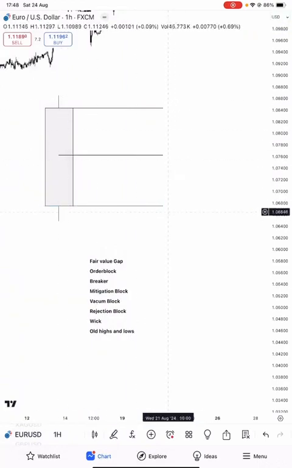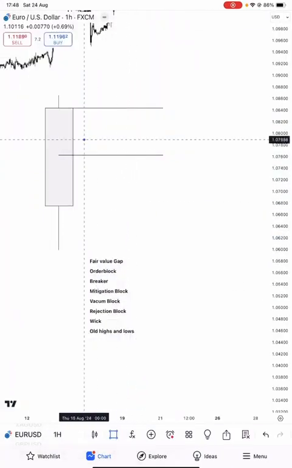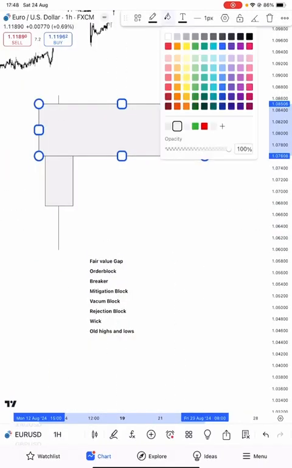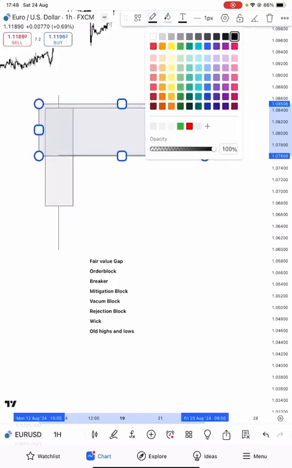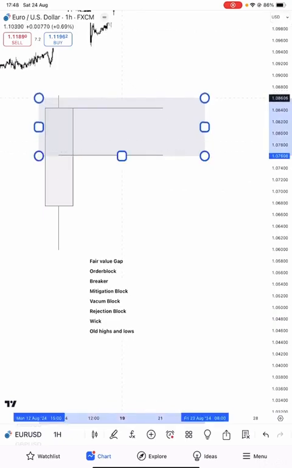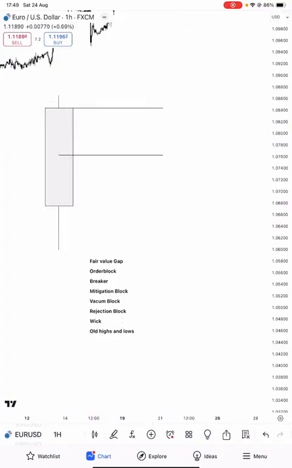And the rejection block, only if price can wick through to the rejection block, only if there is a longer wick below. But generally you should see price remaining in this area from the wick to the 50%.